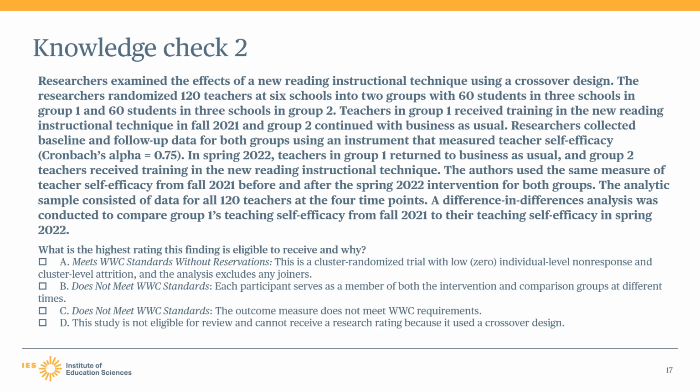The analytic sample consisted of data for all 120 teachers at the 4 time points. A difference in differences analysis was conducted to compare Group 1's teaching self-efficacy from fall 2021 to their teaching self-efficacy in spring 2022. What is the highest rating this finding is eligible to receive, and why?